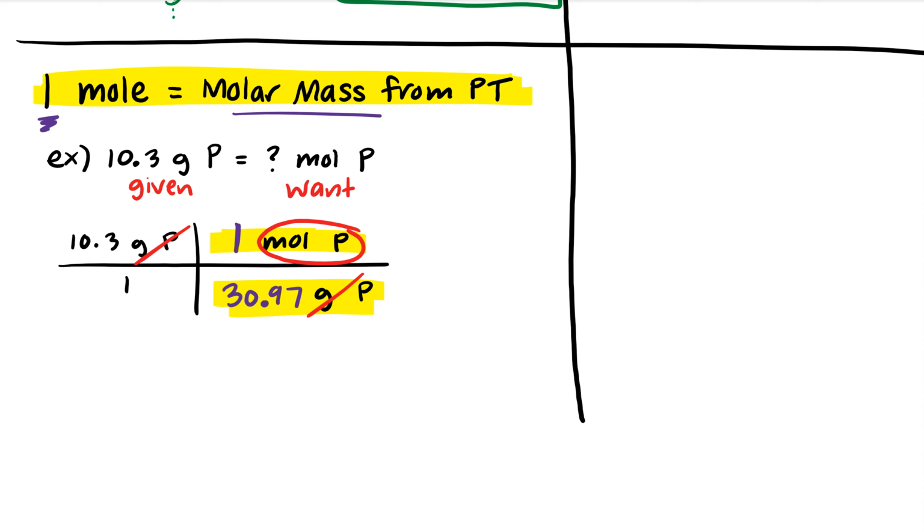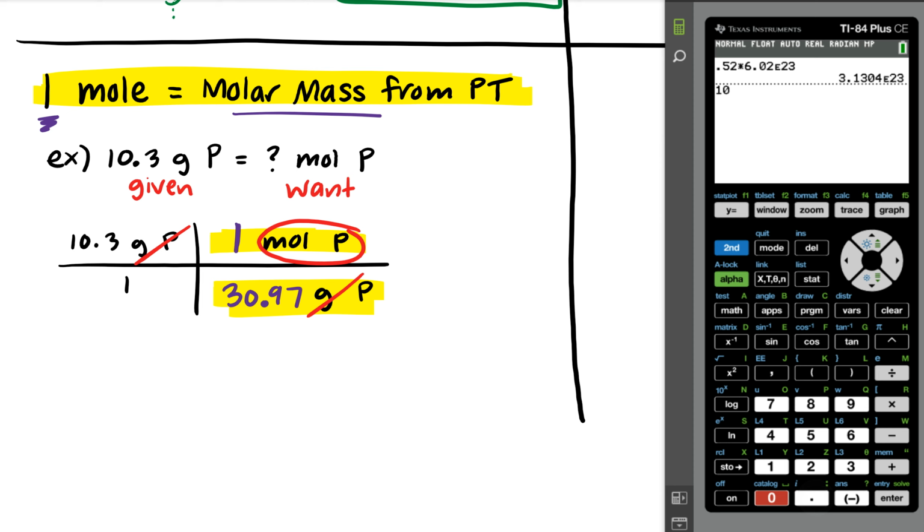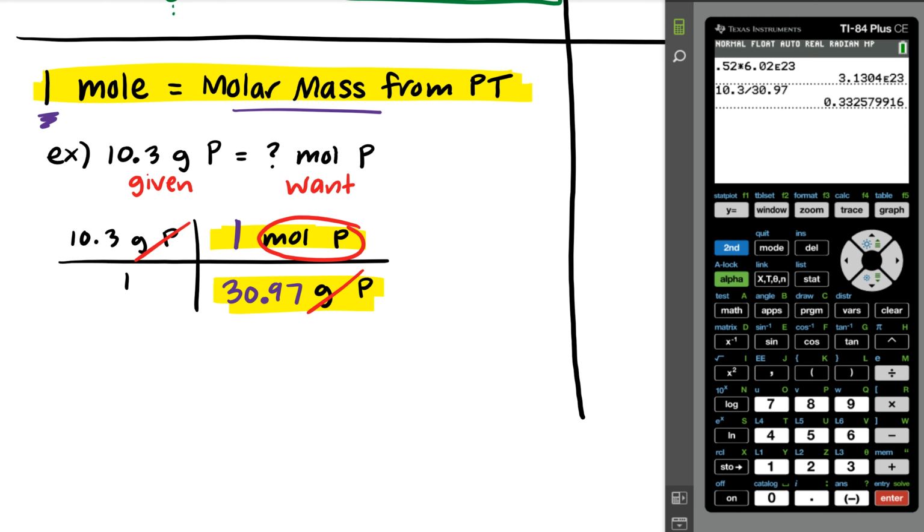Now I calculate 10.3 times 1 on the top, and then divided by 30.97 on the bottom. And I'm going to get an answer of 0.33258, and the unit will be moles of phosphorus.